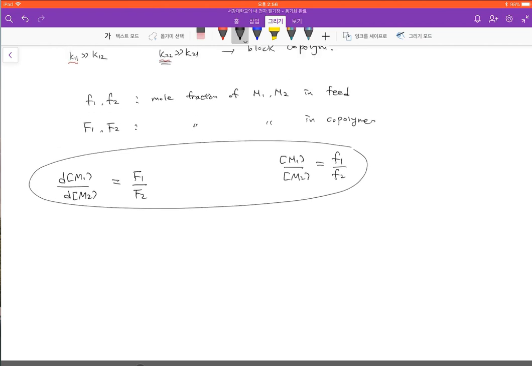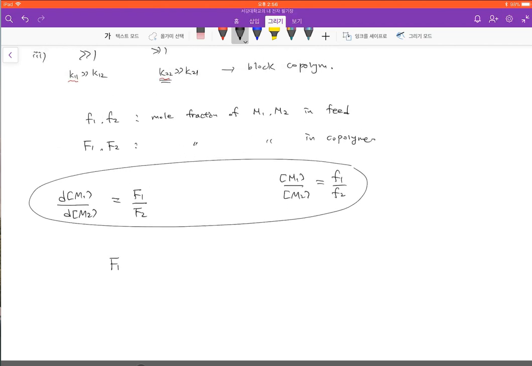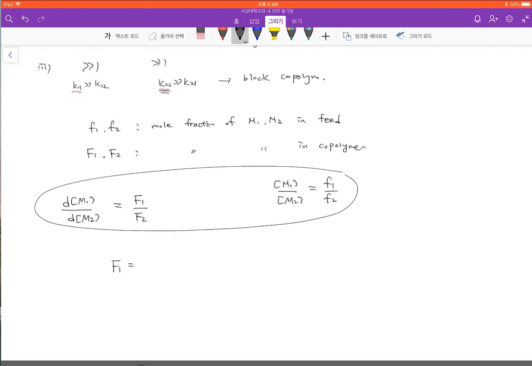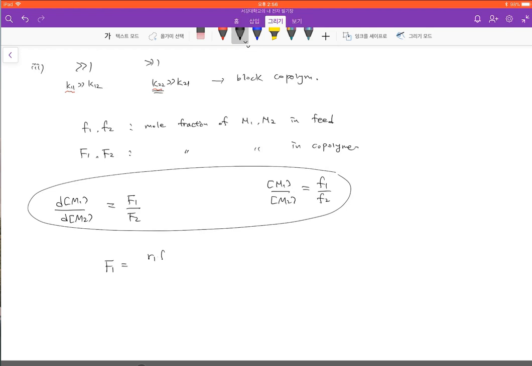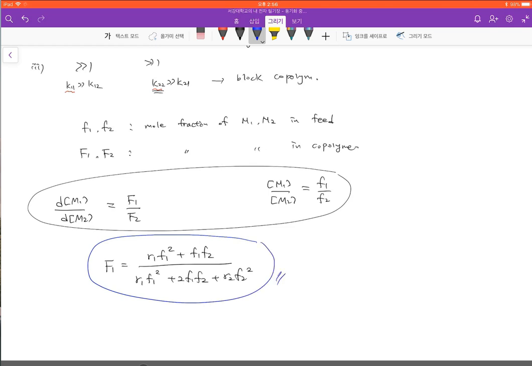Okay, so if you combine this definition and the previous two equations, equation number 1 and equation number 2, you can get an expression for F1, which, skipping the details, is equal to r1 f1 squared plus f1 f2 over r1 f1 squared plus 2 f1 f2 plus r2 f2 squared.